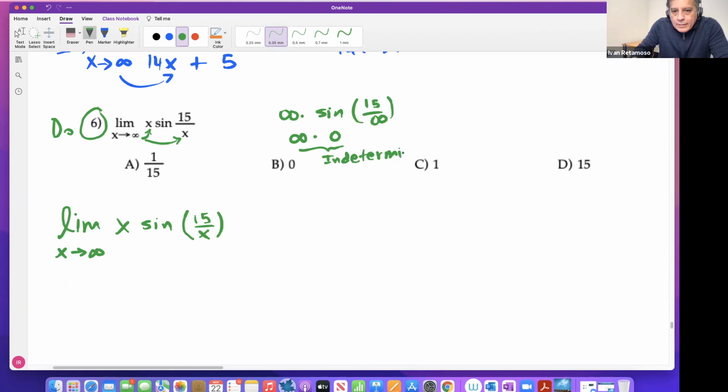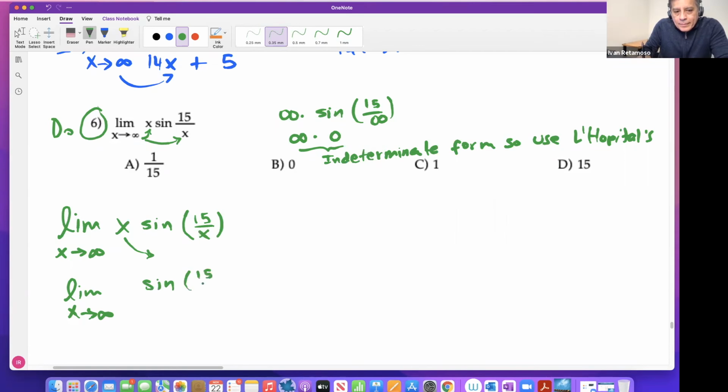So use L'Hopital's. But in order to use L'Hopital's, we need a quotient. So I'm going to give you this extra hint. We have to put this down this way, over 1 over x. Use this so that you get 0 over 0, and you can apply L'Hopital.